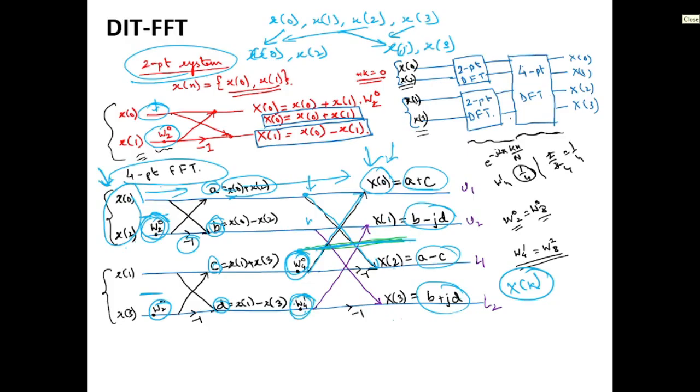Then you will be getting over here x dash 0, x dash 1, x dash 2, x dash 3. Why am I saying x dash? Because I have not multiplied these values with 1 by capital N. So after multiplying with 1 by capital N, we will be getting x0, x1, x2, x3. Okay.